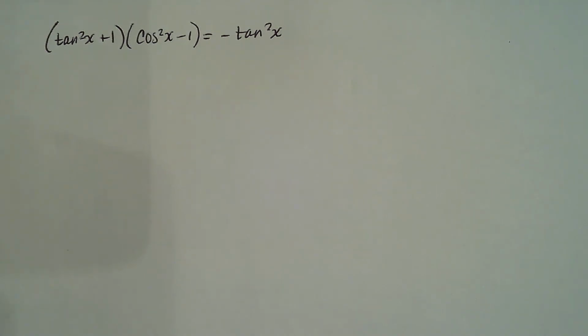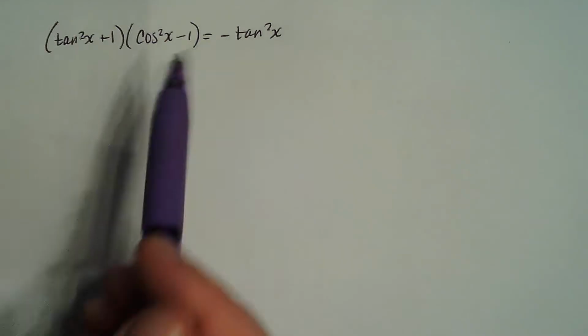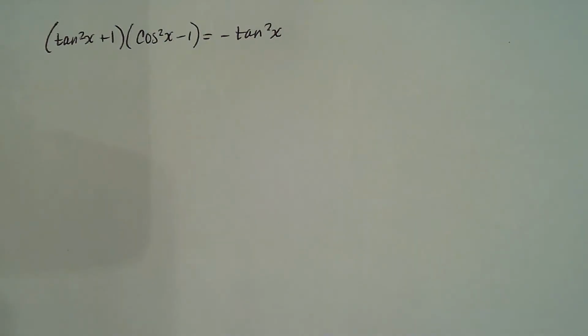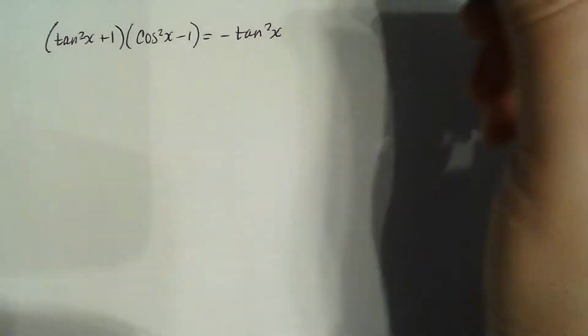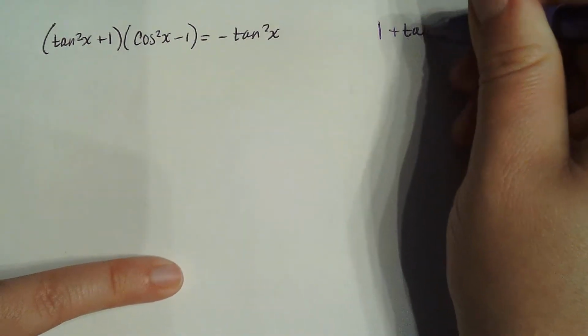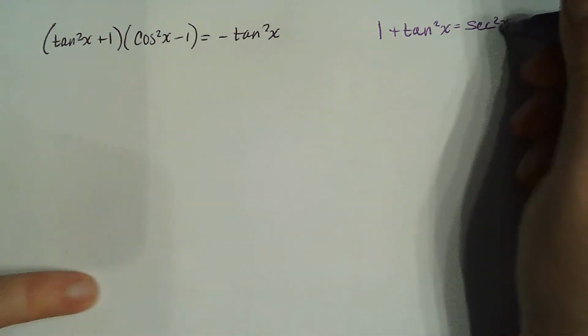Alright, so I am going to work on this side because this is definitely the more complex side. And I'm seeing the squareds, so I'm thinking about those Pythagorean identities. Let me write out the two that I'm going to use, and that would be 1 plus tan squared x equals secant squared x.